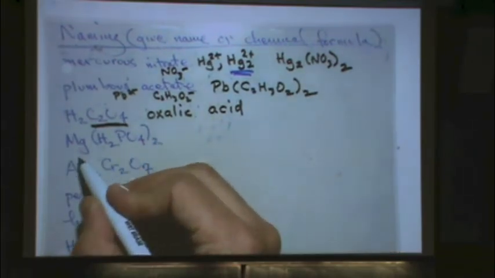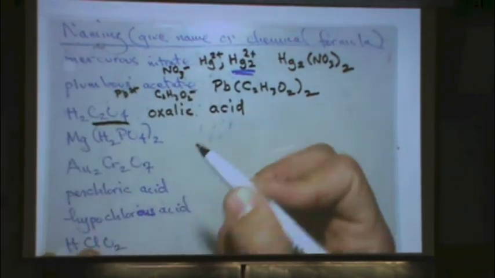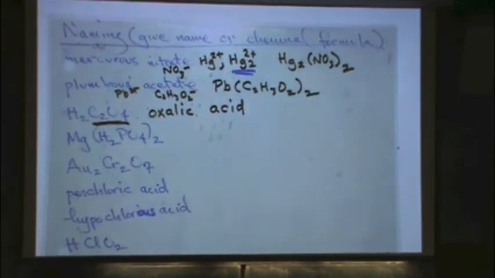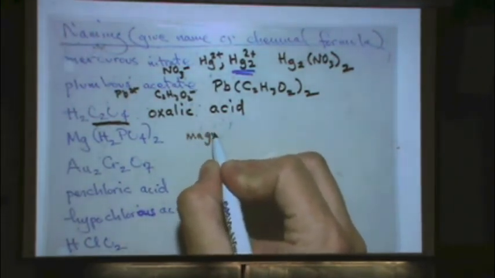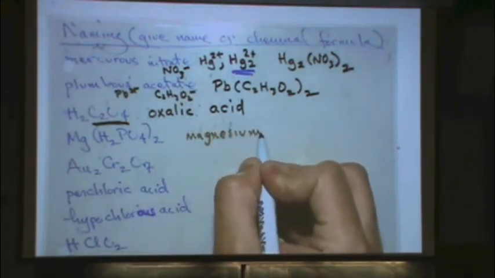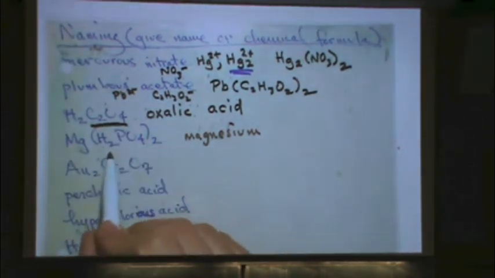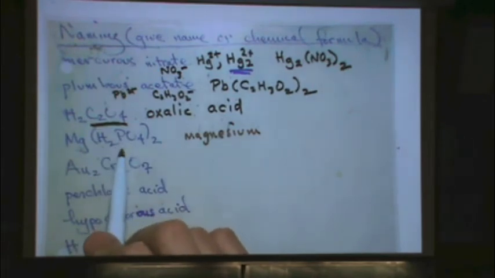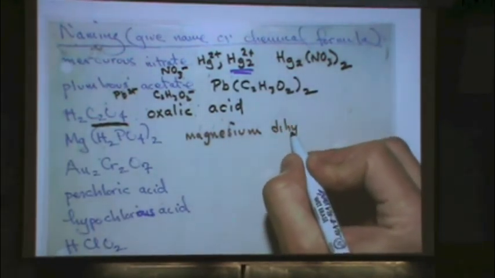Next. What category is this next one in? That's ionic, it has a metal, so it's just the first name as is, magnesium. It's not a transition metal, so we don't need to worry about Latin or Roman numerals or anything like that, just magnesium. Now this second one you might not recognize yet, but this is called dihydrogen.